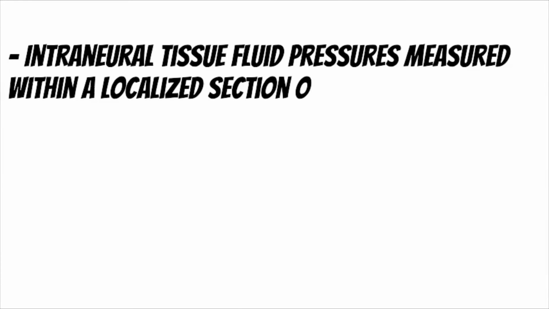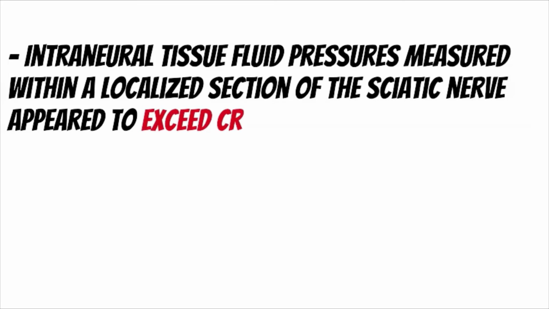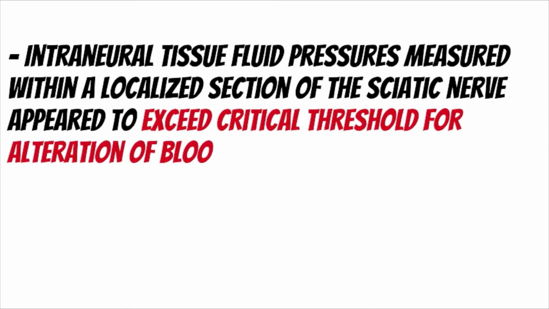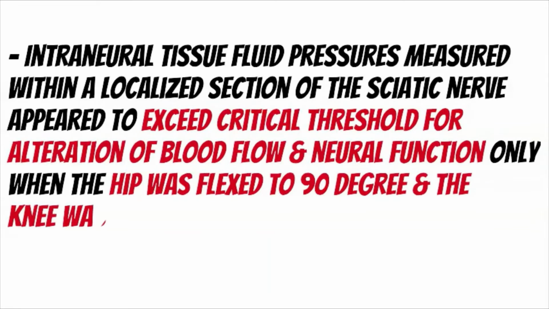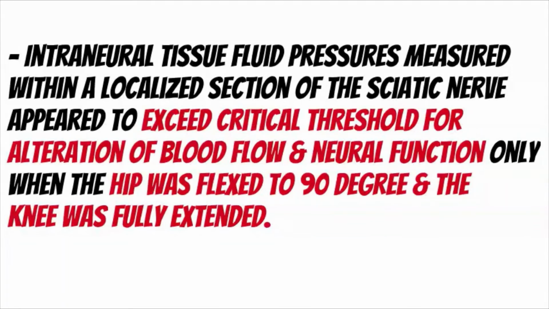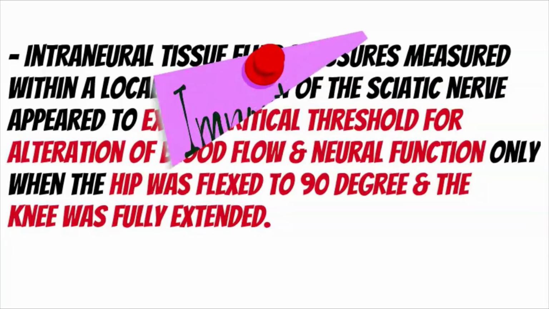Intraneural tissue fluid pressures measured within a localized section of the sciatic nerve appeared to exceed the critical threshold for alteration of blood flow and neural function only when the hip was flexed to 90 degrees and the knee was fully extended.